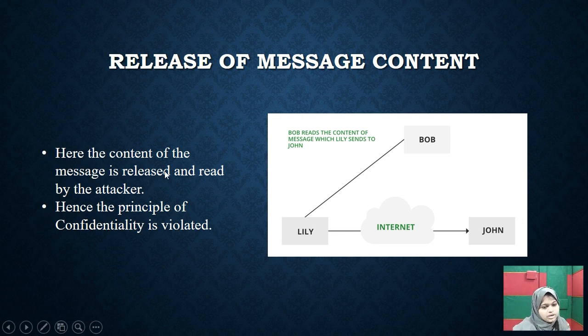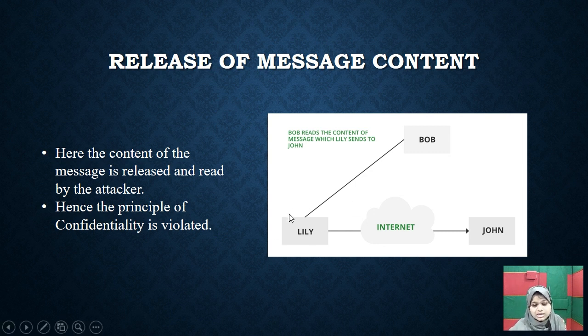Here the content of the message is released and read by the attacker, and obviously the confidentiality is violated, because one of the major principles of information security is confidentiality. That means whatever the messages, data or information is there, it should be accessible only to the authorized user.